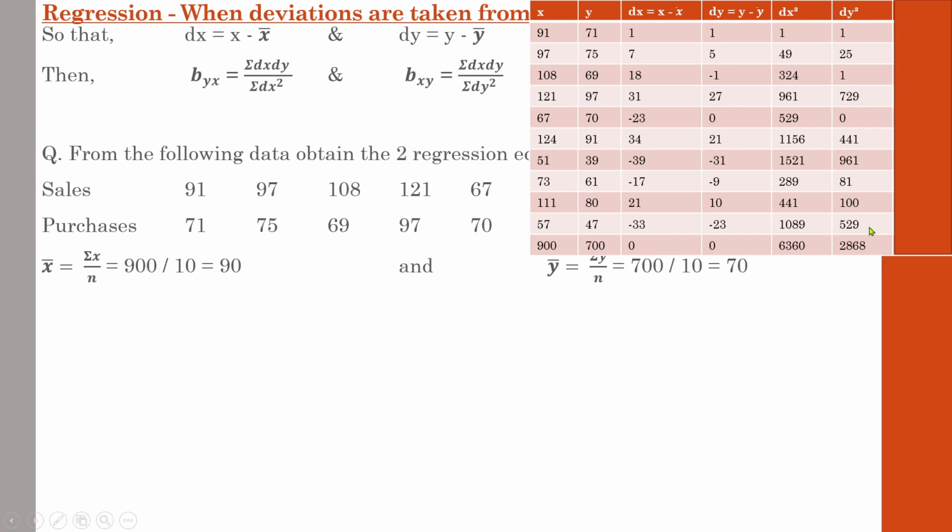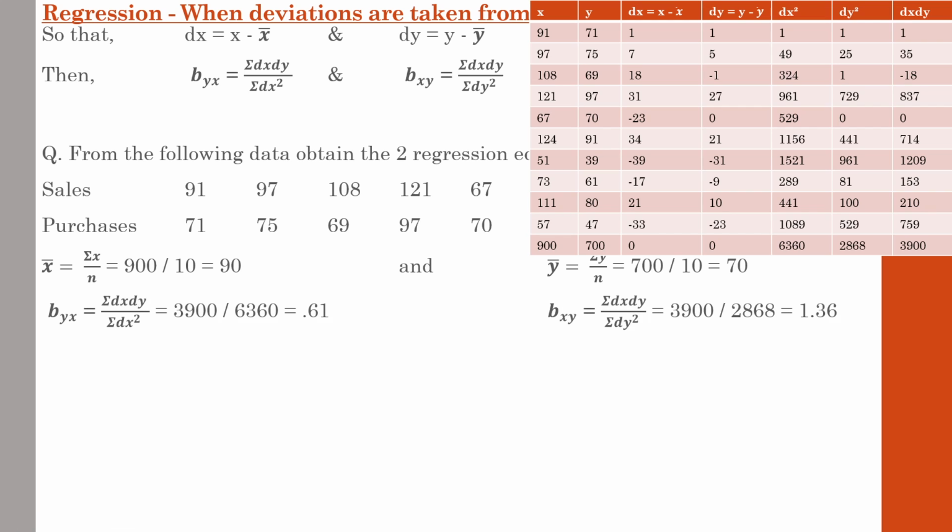Take the total, and finally dx dy, which is just the multiplication of the items in the dx column and the items in the dy column. Take the total. Once you have found all these variables, next is the equation, whether it is y on x or x on y. First of all, you need to find the regression coefficients, that is byx and bxy.